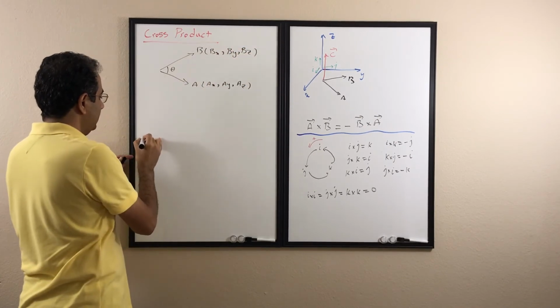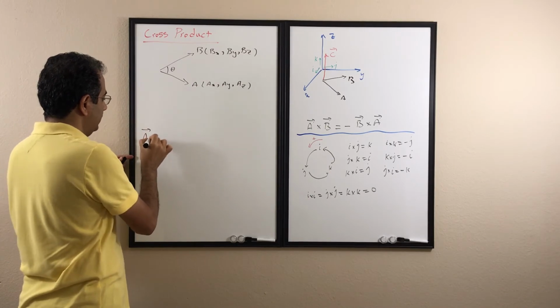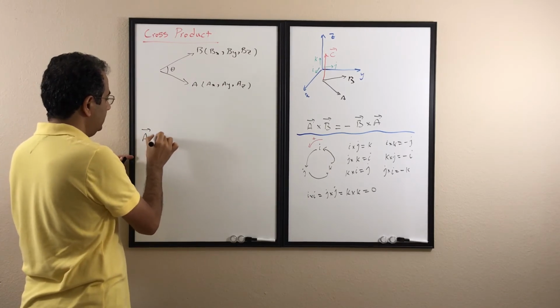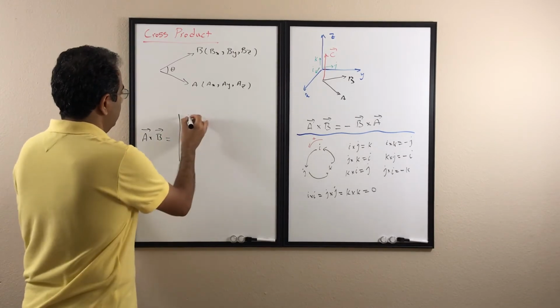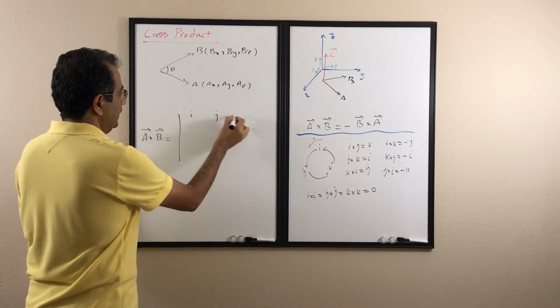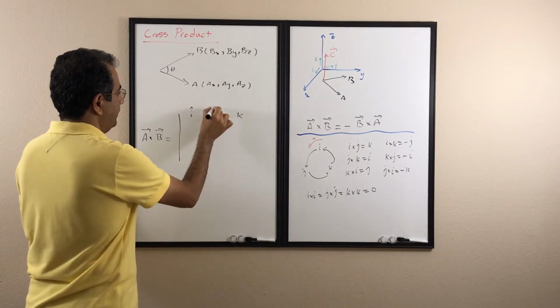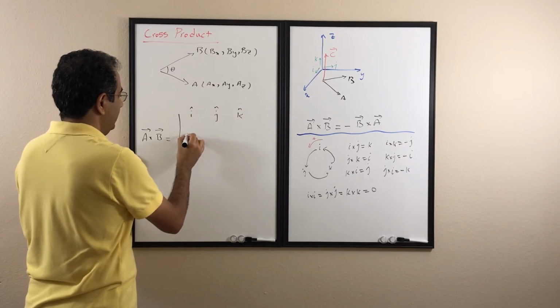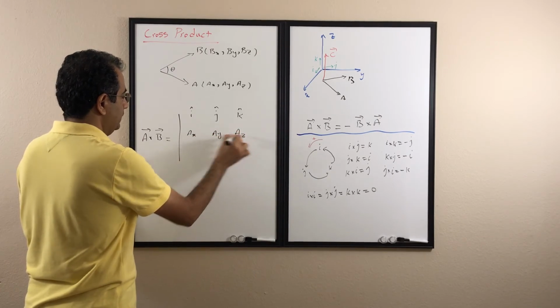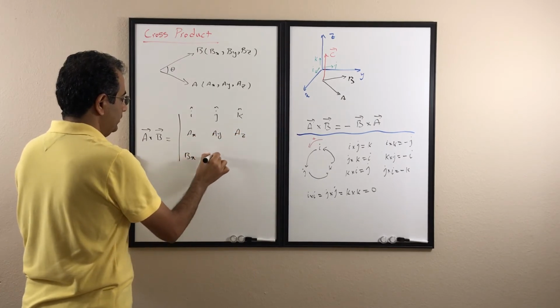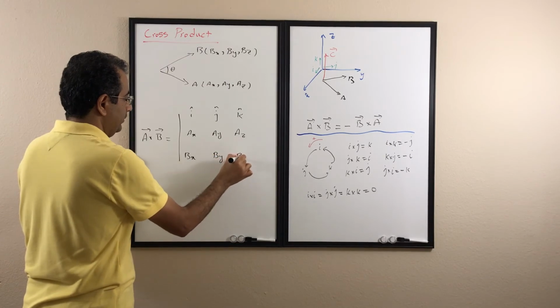Then A cross B is going to be the determinant of the matrix with I, J, K in the first row, then AX, AY, AZ, and then BX, BY, and BZ.